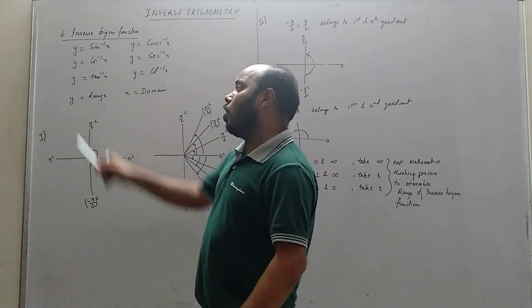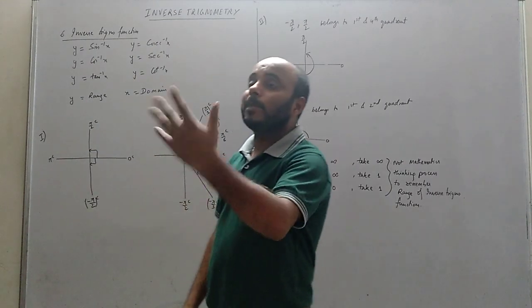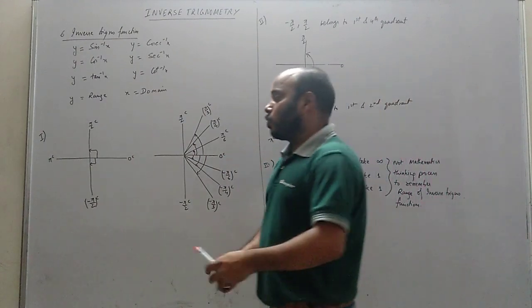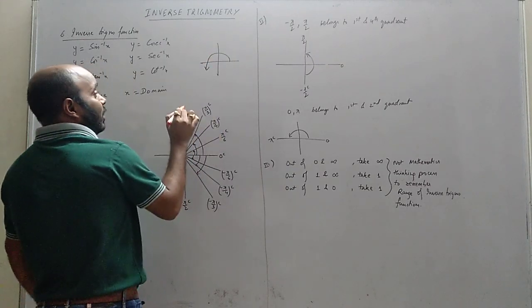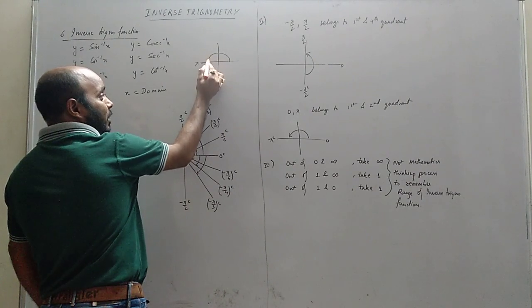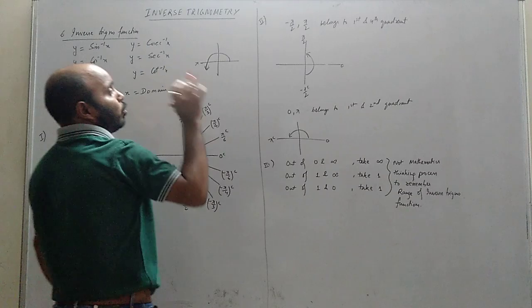Why? Because all these values cannot exceed more than pi. More than 180 is not possible. So if you rotate like this, that means if you rotate further below pi, then what will happen? The angle will be more than pi. But the range values cannot be more than pi.